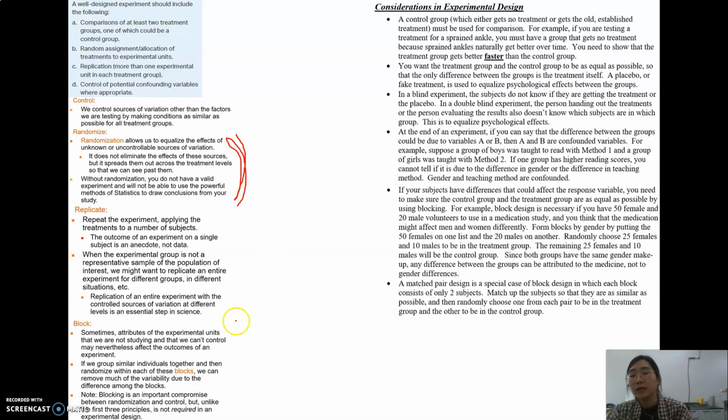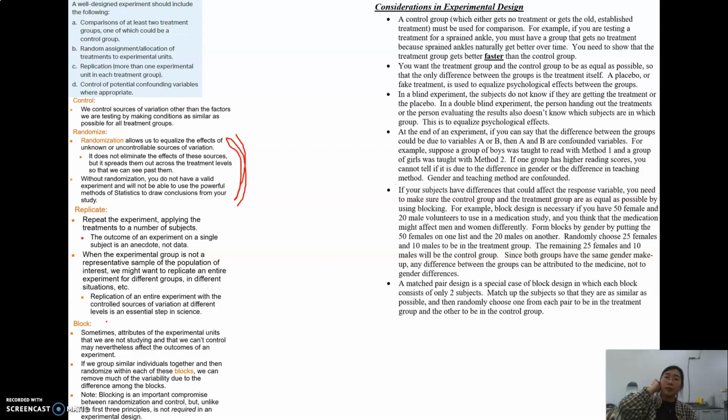Blocking is kind of like stratified sampling, but for experiments. Blocking is the same idea as strata, but you need to be careful with that language because blocks are used for experiments and strata are used for observational studies and surveys.